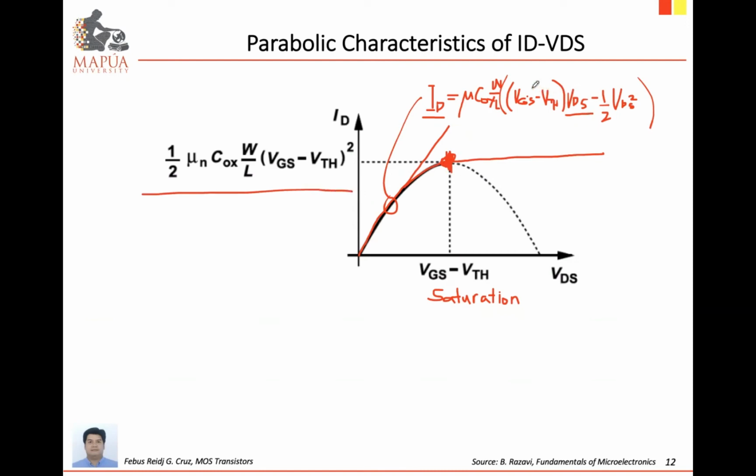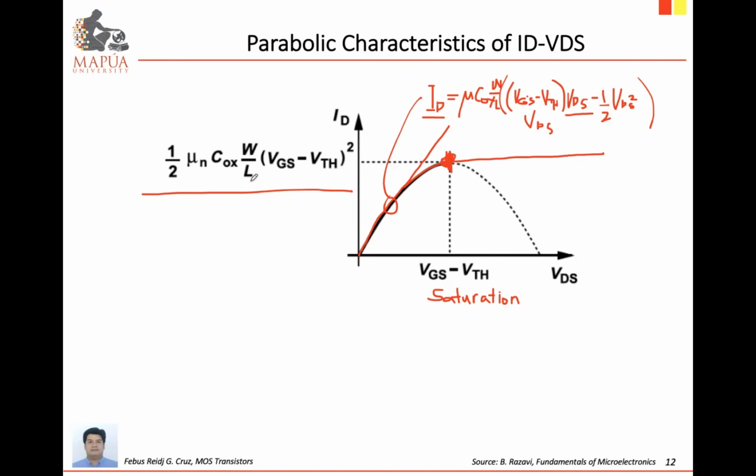When VGS minus VTH is now equal to the VDS, you have ID equal to 1/2 mu Cox W over L VDS squared, or VGS minus VTH squared. All right, so that would be the saturation point.